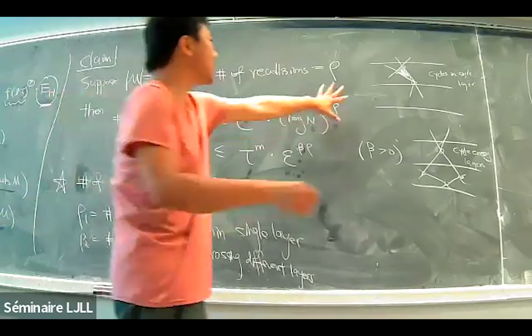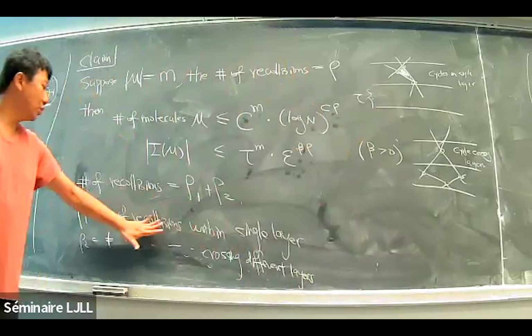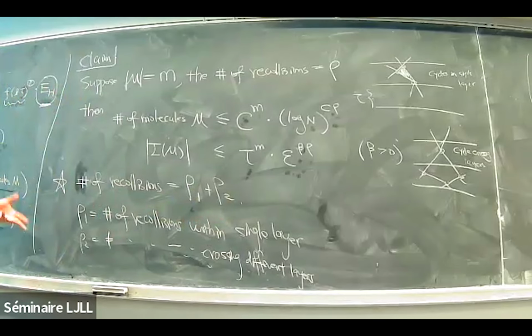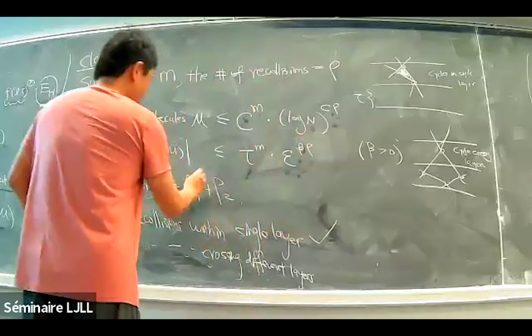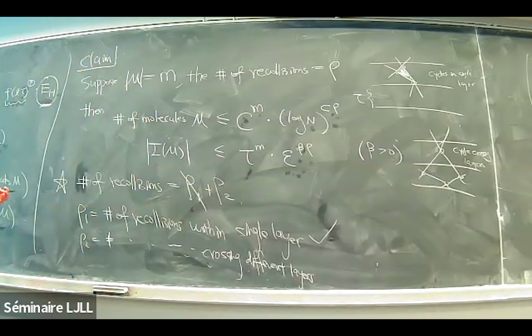And each single layer does correspond to a short time of length tau. So if there are many recollisions within a single layer, this is a good case. We already know how to do it from the short time theory. That's why we're going to assume that rho 1 is 0, and we just focus on rho 2, which will simplify a lot in our subsequent discussions.